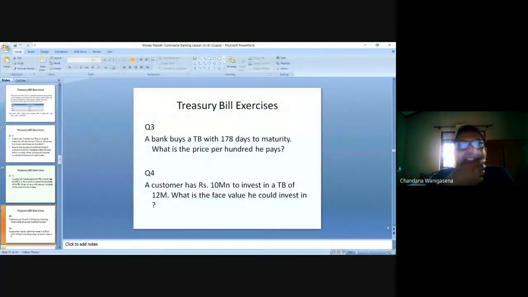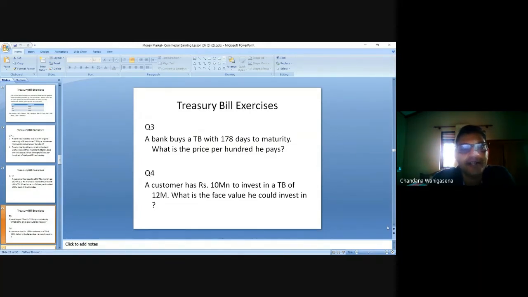So a bank buys a treasury bill with 178 days to maturity. What is the price per 100 it pays? The investor has to hold the treasury bill, which now has 178 days to maturity.